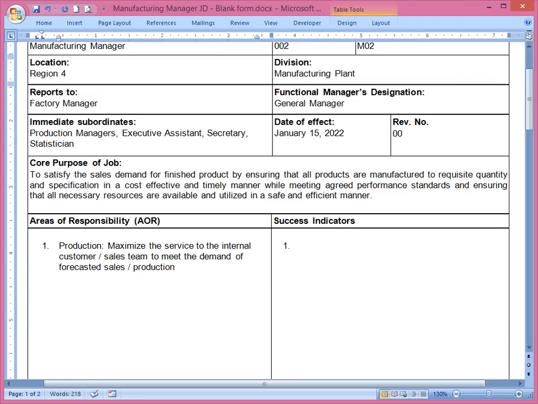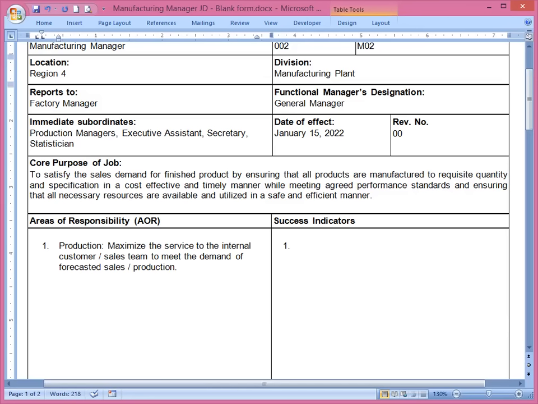That's one of the AOR products from production. From the production point of view, maximize the service to the internal customer slash sales team to meet the demand of forecasted sales or production. How many metric tons we're going to produce here in manufacturing. So that would also be our target. So that is our purpose.